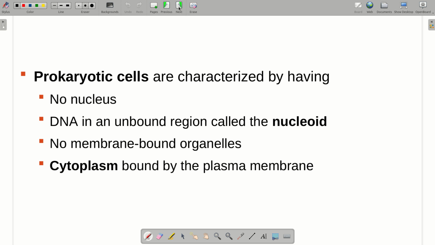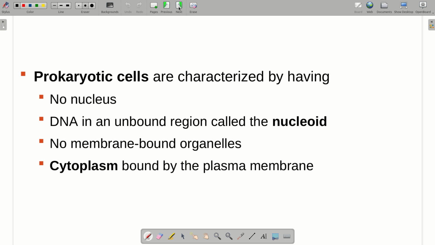So there's no nucleus in a prokaryote. DNA is in an unbound region called a nucleoid, also sometimes called a genophore. You might also hear it called the bacterial chromosome, but that is a misnomer. A chromosome is single-stranded, and it's a strand, a long string.